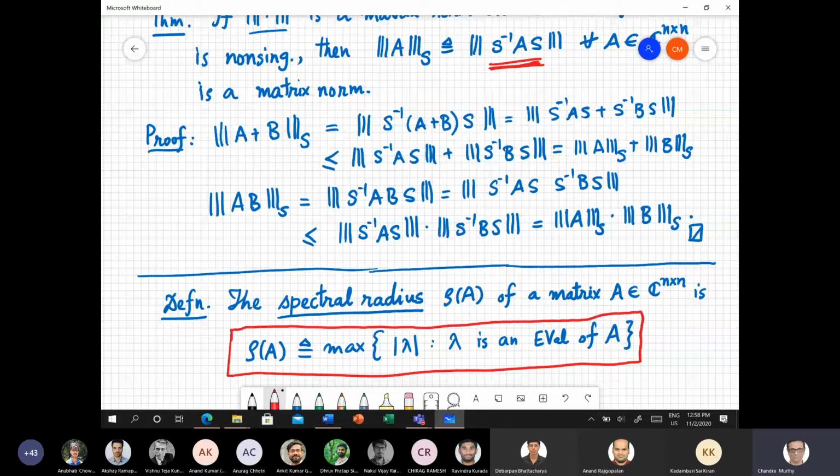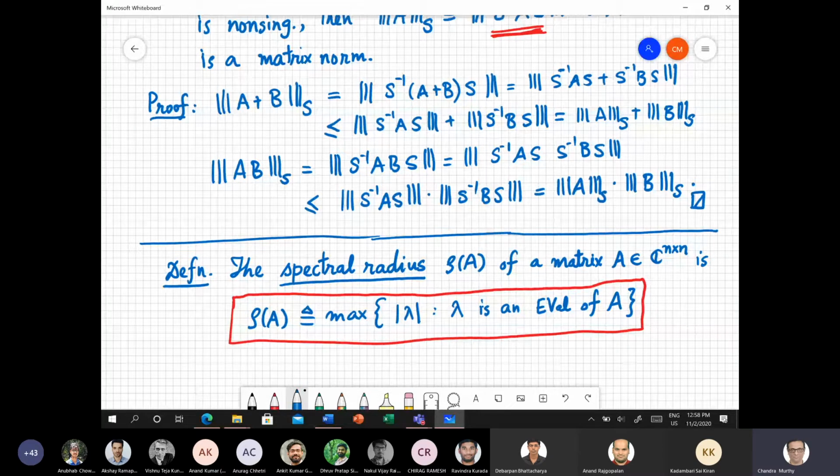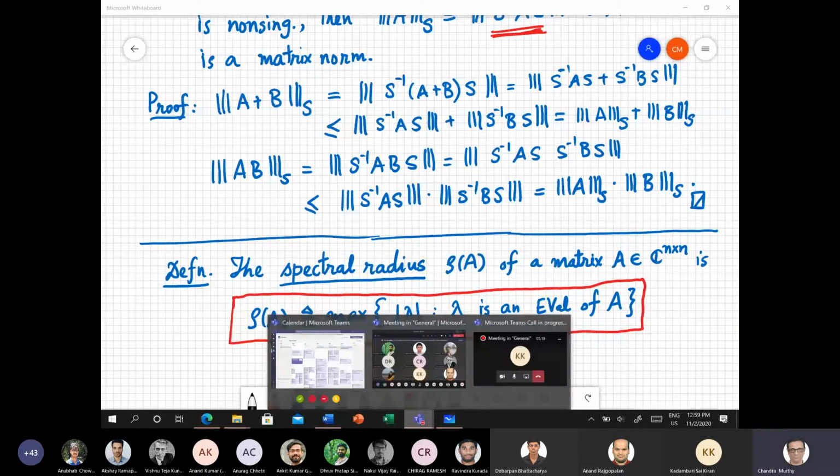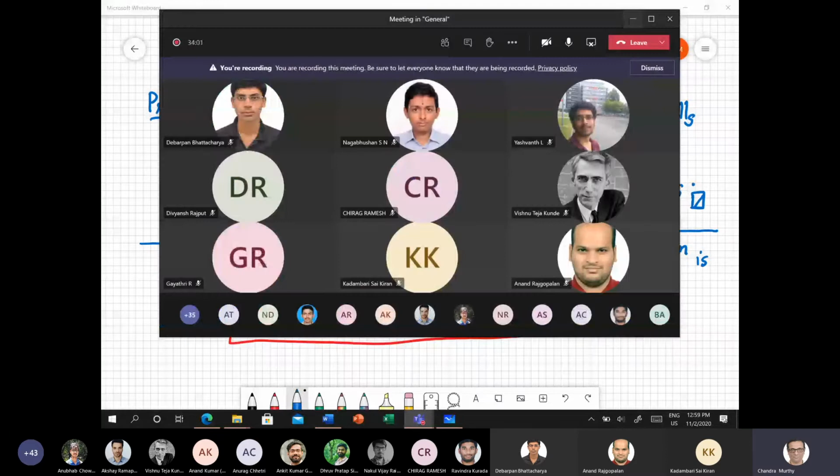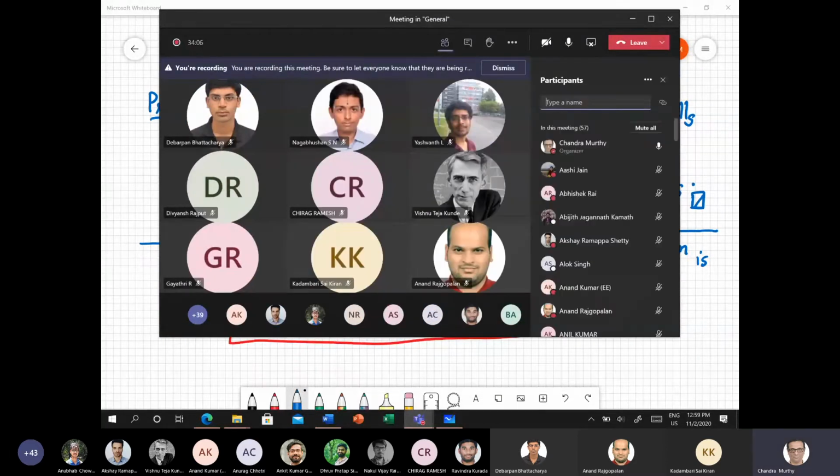So has anybody seen or dealt with the spectral radius before? Or is this a completely new concept that nobody has even heard of till today? Yes, sir. It's a new concept.